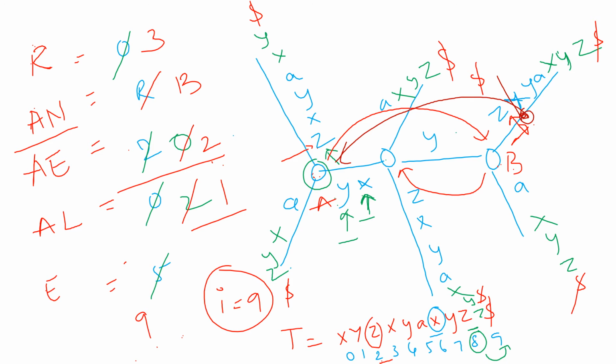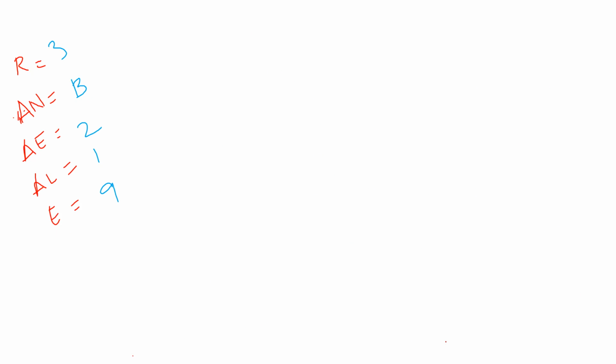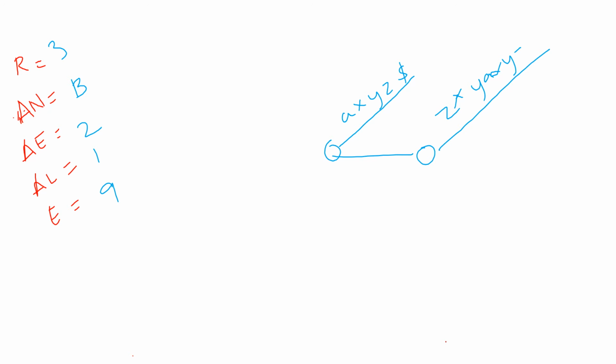I'll explain everything again in the next slide. So I'm drawing the tree again. This is the root node. From here it is a, x, y, z and dollar. And again I had another node here. Here z, x, y, a, x, y, z, dollar. And from here it is a, x, y, z, dollar.